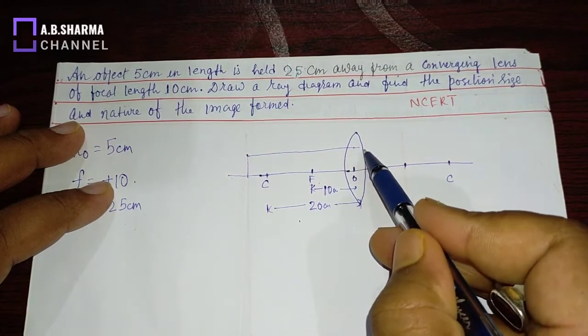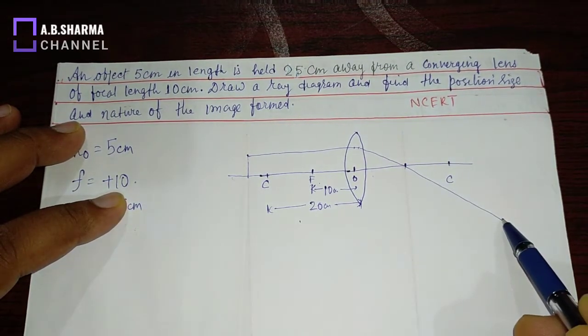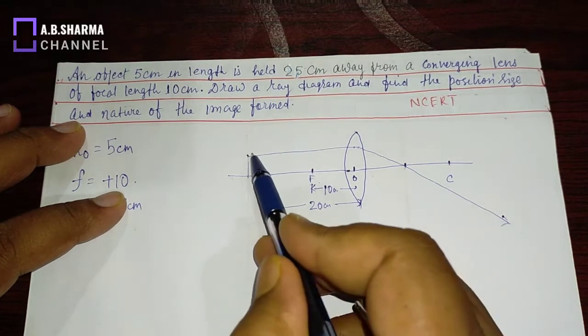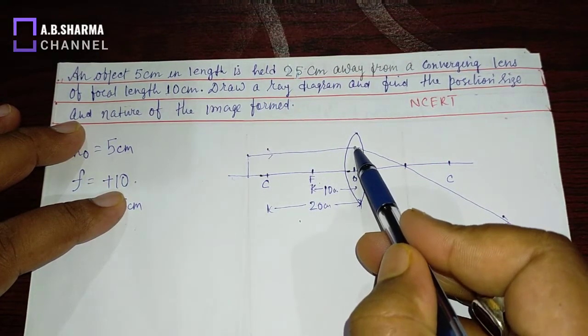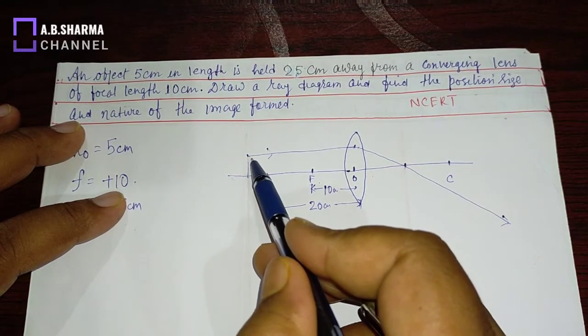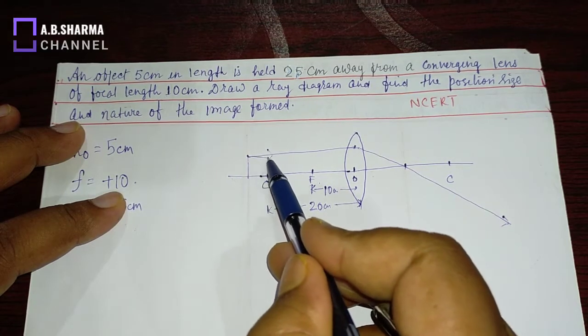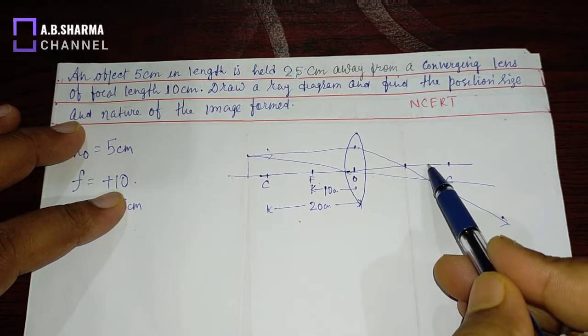Using the ray diagram rule, one line will pass through focus. It is when the light is coming parallel to the principal axis. After refraction, it will pass through the focus. Second, optical center rule. Means the image will be formed.